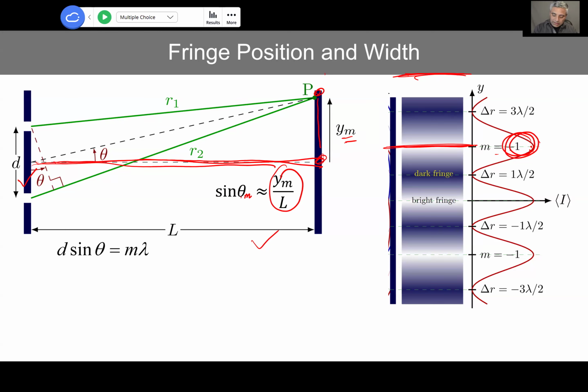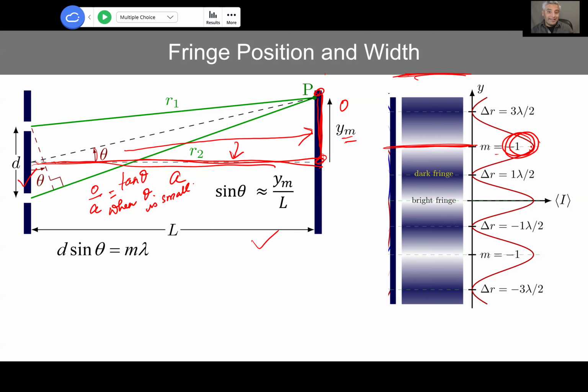Whatever it is, this length is like the opposite, and this length is like the adjacent. So opposite divided by adjacent is tangent theta. But when theta is small, and remember it has to be small in radians, it doesn't have to be in degrees.